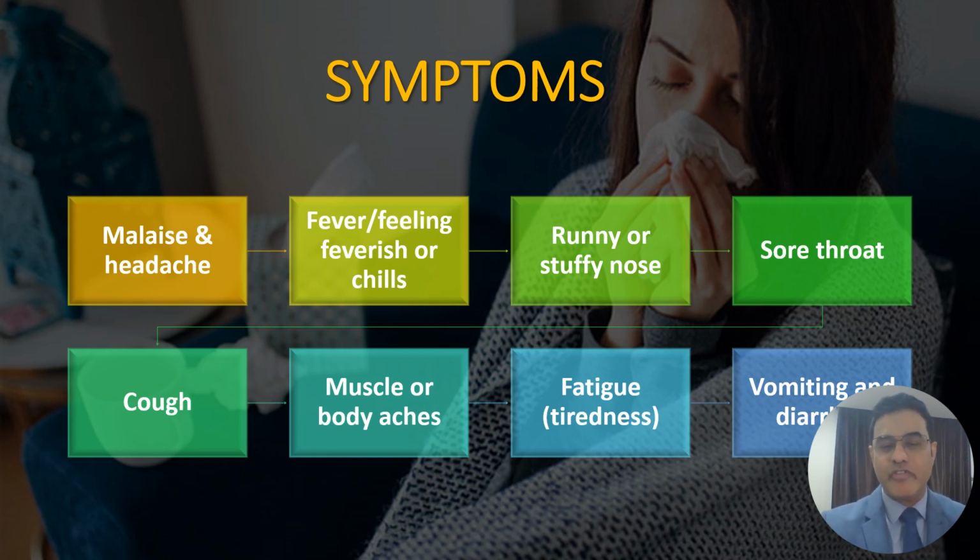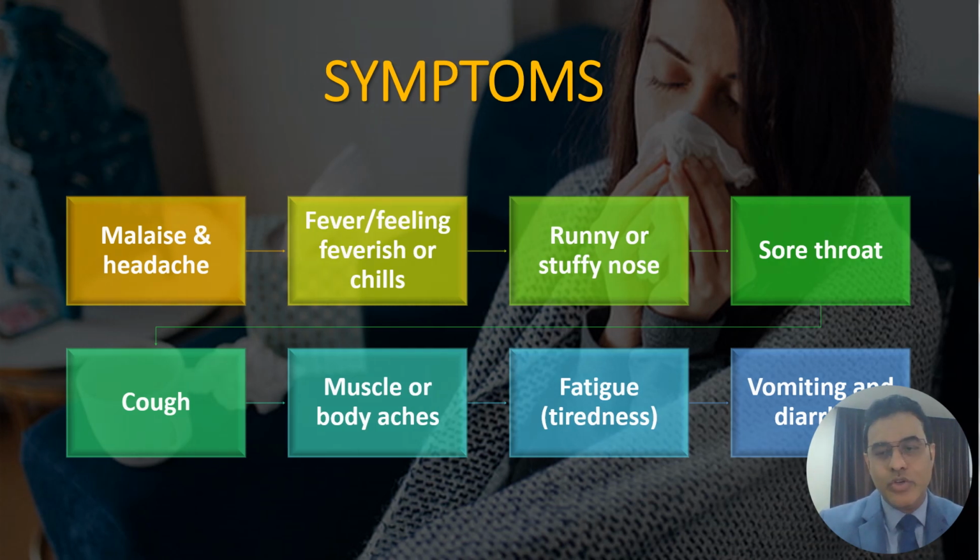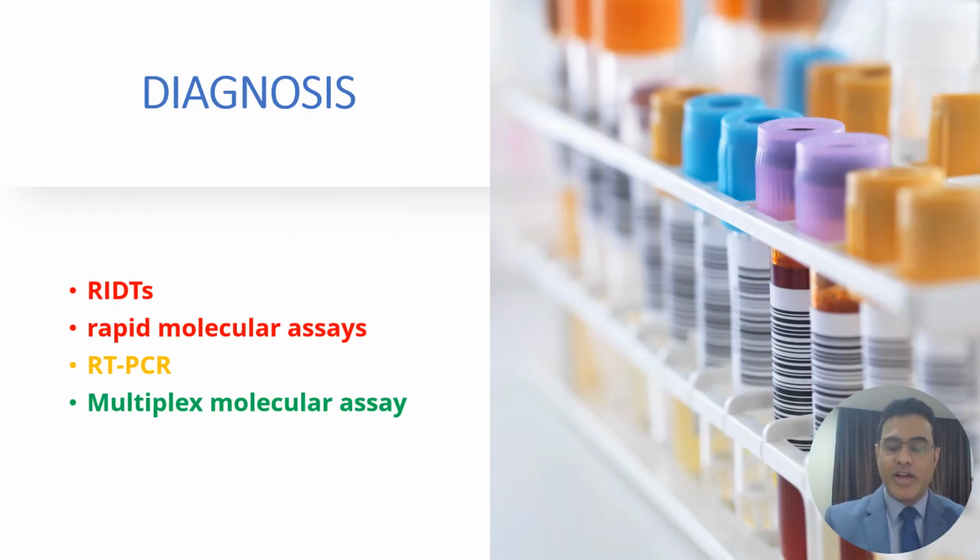There will be significant fatigue, and post-viral fatigue is also seen very commonly from younger to older age populations. Strangely, this time we have seen a lot of people coming with GI symptoms like vomiting and diarrhea, and we do see a lot of people with other symptoms also.